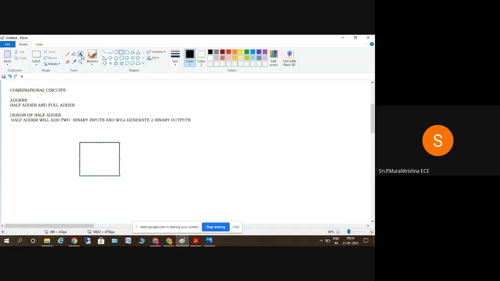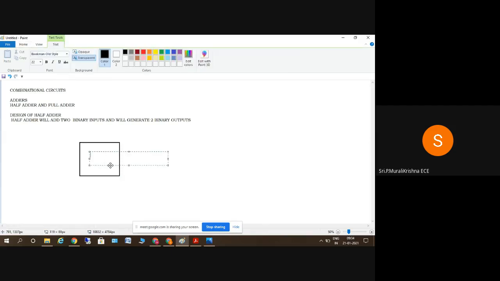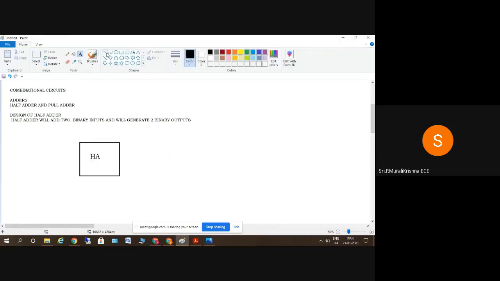So this is the half adder, with 2 inputs, I'll say them as X and Y, and 2 outputs, I'll say them as S and C. So these are the 2 inputs X and Y, and these are the two outputs sum and carry.